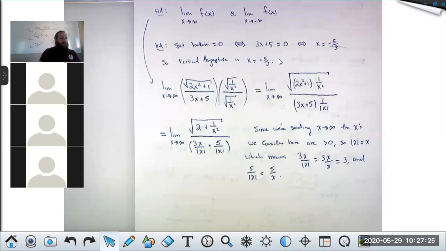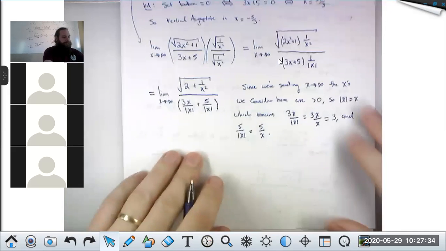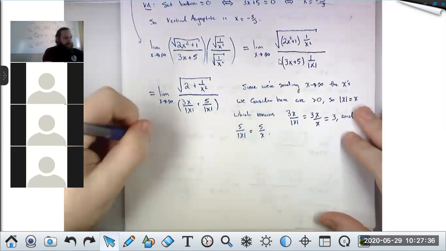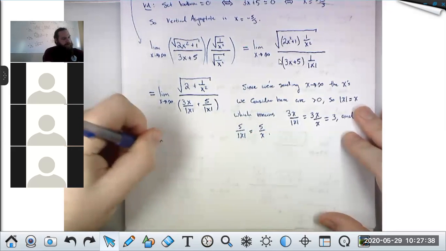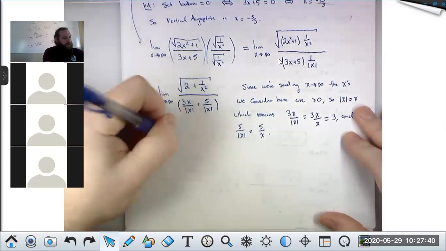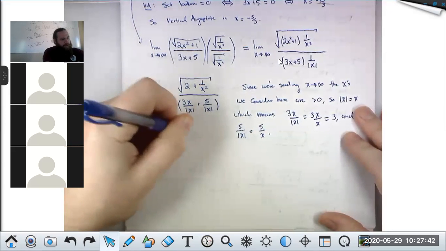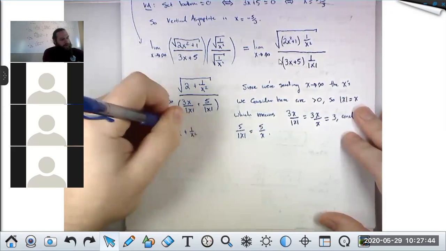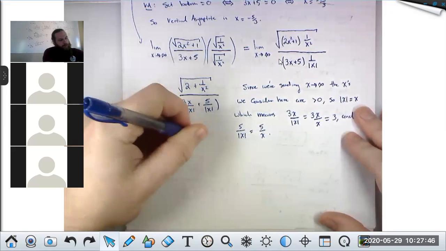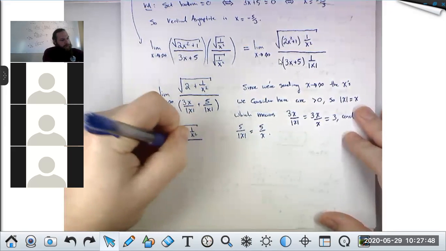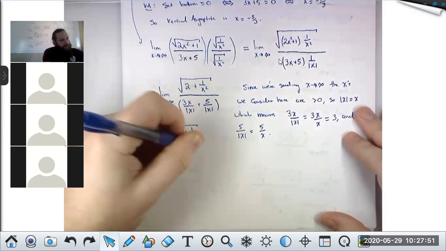Again, just because the absolute value of x is the same as x, because we're considering x's which are positive. So this is the limit as x goes to plus infinity, square root of 2 plus 1 over x squared divided by 3 plus 5 over x.